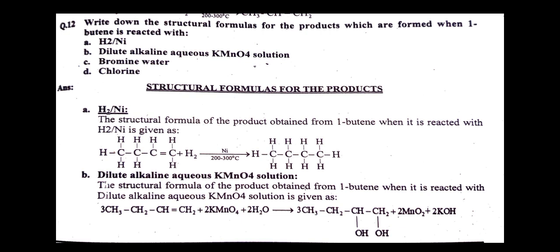We will get a butylene glycol, and two OH groups occur across the double bond and convert it into a single bond structure, and we are having 2 manganese dioxide and 2 KOH. See, both of these reactions are the simplest reactions.